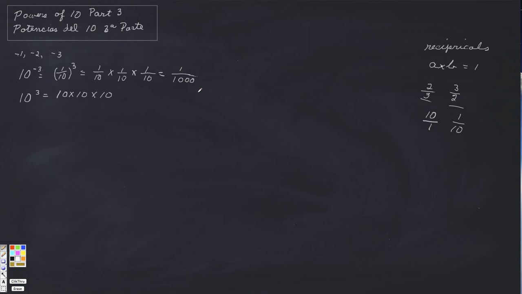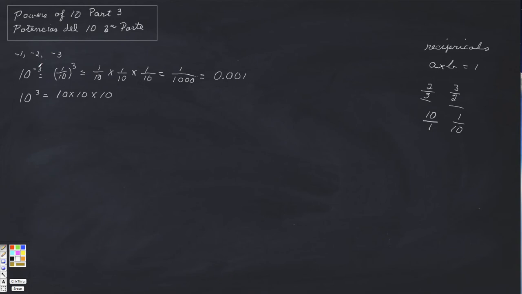So I end up with a fraction. Some people call it a unit fraction. This fraction can be expressed in decimal form very easily. It takes 3 places after the decimal point and shows a 1 at the end. So I've got 2 zeros and a 1, and this is called 1,000. If you remember, this is your decimal form for this fraction.